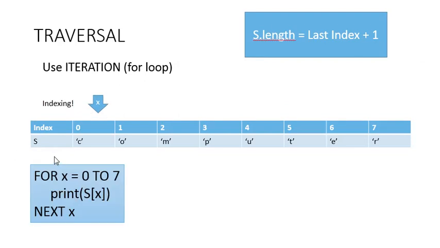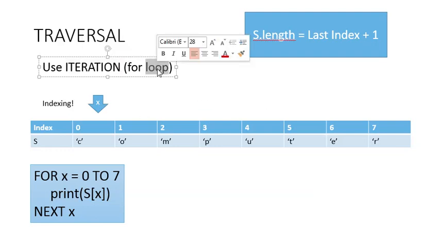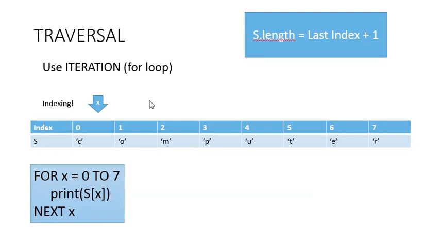How I do this in pseudocode is, remember, we are using a type of instruction known as iteration. Iteration simply means looping, and in particular we use a for loop. And the for loop looks like this. It starts with the word for. You have a variable, in this case x. I have the word to, and I end the loop with next x.